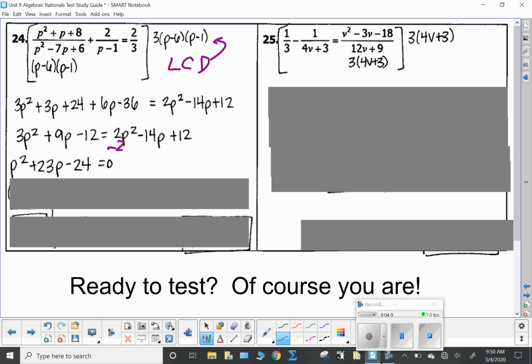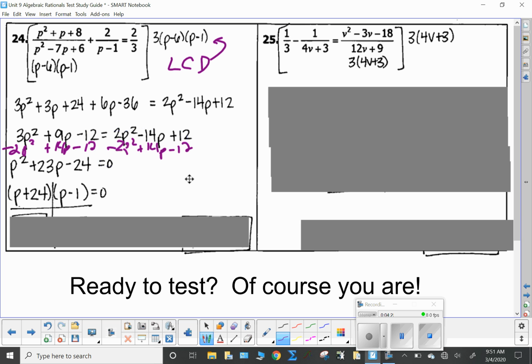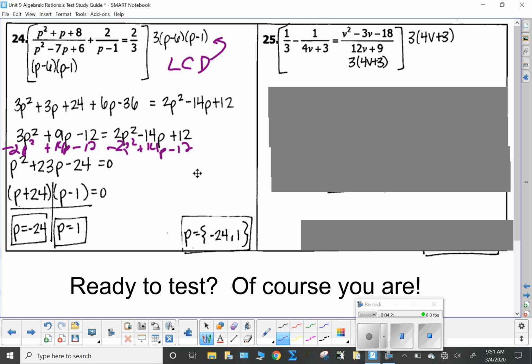Here I subtracted 2p squared, I added 14p, and I subtracted 12, and I did the same thing over here. Minus 2p squared plus 14p minus 12. That's how I got p squared plus 23p minus 24 equals 0. I factor, and I set each factor equal to 0, and I get my answers.